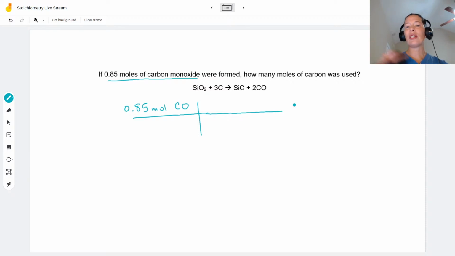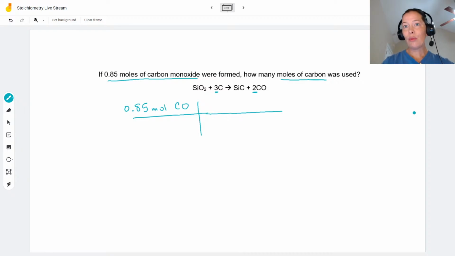Now, again, just like before, because I am already in moles, I can jump right to my mole ratio, which I get from my balanced chemical equation. So I definitely need my stoichiometric coefficient for carbon monoxide. That is a 2 right here. And the question is asking me about moles of carbon. So carbon has a 3 in front of it. Again, that is its stoichiometric coefficient.